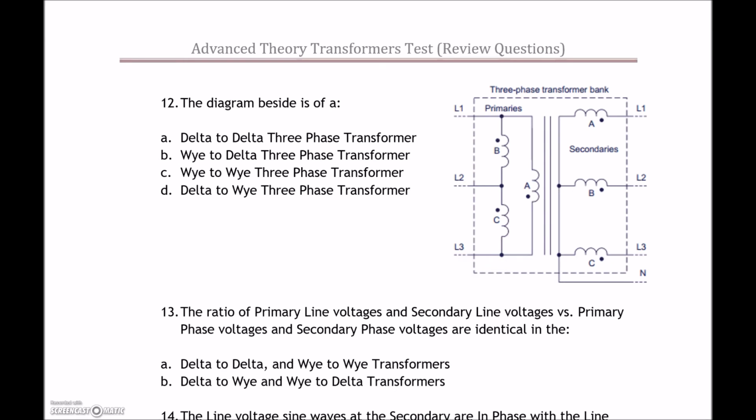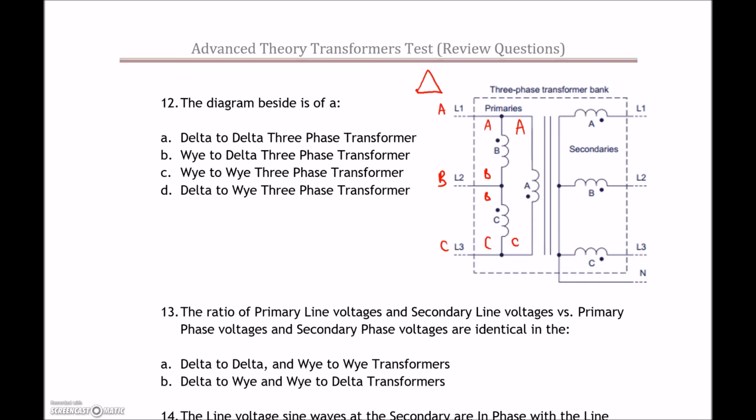All right, so number 12 now, guys. Let's see, we've already done all the other combinations. So this one here is most likely going to be a delta to Y because we haven't seen that one yet. But let's just double check. On this guy right here, we again will label this one A, B, and C. And so we've got A to B, B to C, C back to A. And so our primary is a delta.